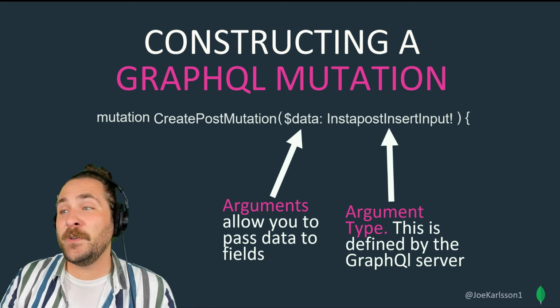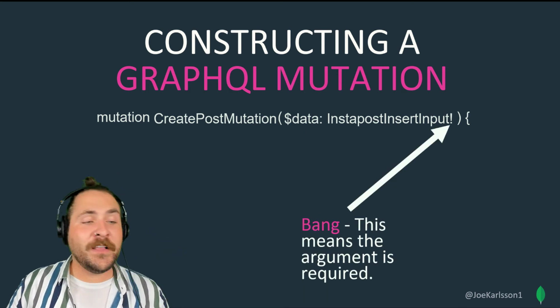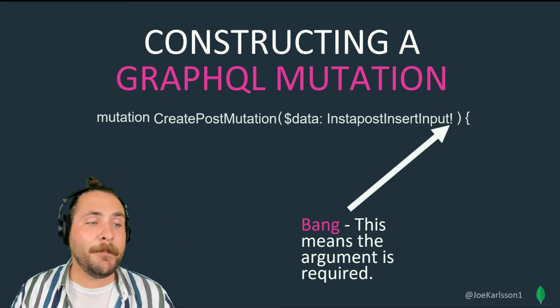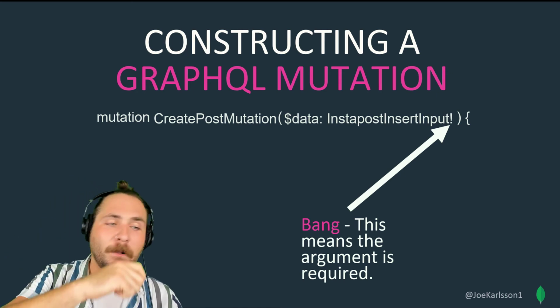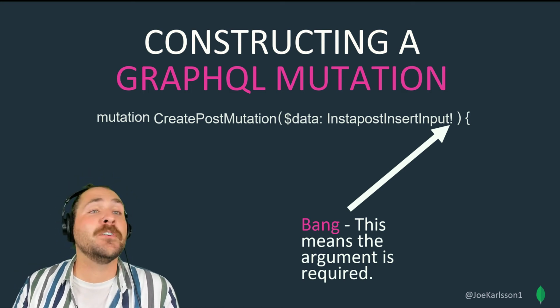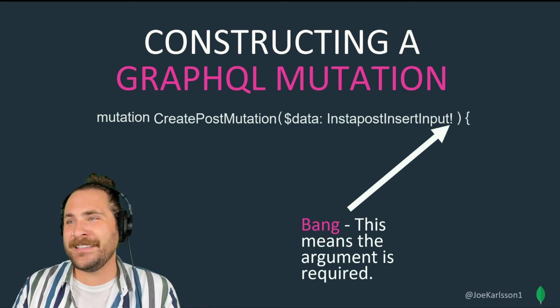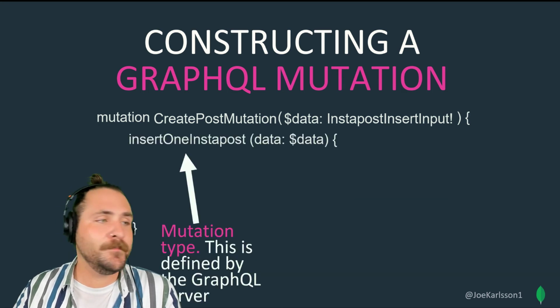And that's what we need to save on our MongoDB database. And a little fun part here too, you can't do this in JavaScript, but the bang at the end determines whether or not it's optional. So the bang means it's required. We absolutely need this because you can't create a post with no argument data being passed through to it. It basically helps validate that the data is going through the way that you want it to.